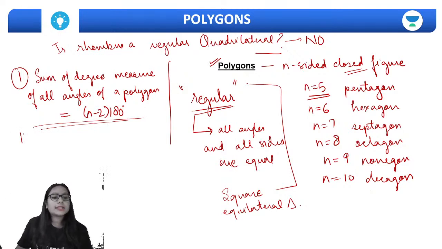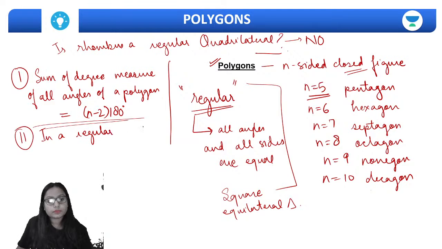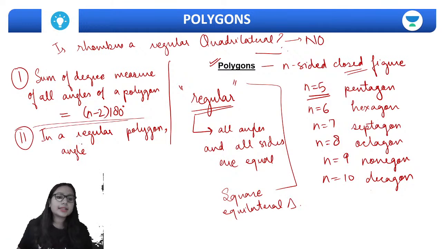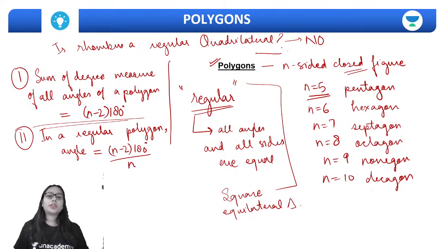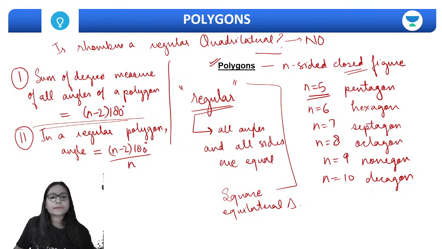Let's see the second formula. In a regular polygon, you can calculate one angle. A regular polygon means all the angles are the same. So one angle would be equal to the sum of all angles upon the number of sides, for an n-sided polygon.